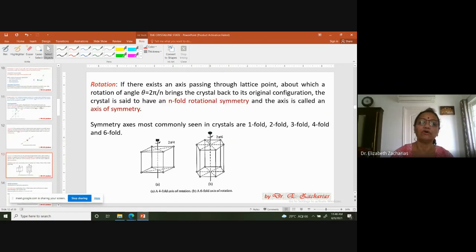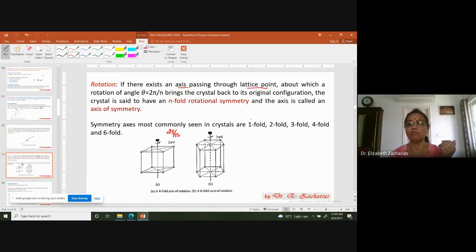Similarly, one can talk of rotation. When we are talking of rotation also, necessarily the axis of rotation should pass through a lattice point. So if there exists an axis passing through a lattice point, and keeping this as the axis, you rotate the crystal by 2 pi by n, n can be 1, 2, 3, 4, and 6.